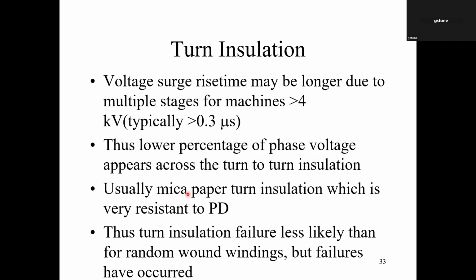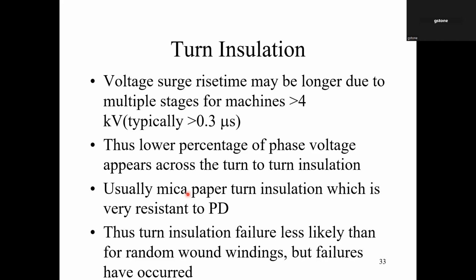And that mica is there, even if PD is there, because mica is very discharge resistant and will prevent the rapid deterioration of the insulation. And so we can, in fact, last quite a long period of time, maybe even decades, with PD of at least moderate amplitudes occurring within the turn insulation. So this makes it a much less critical problem.